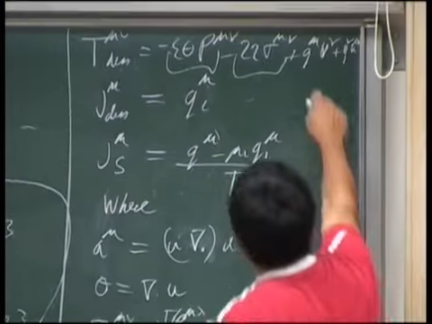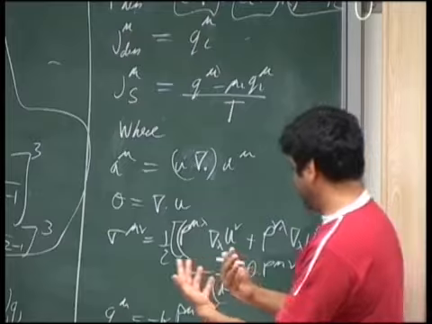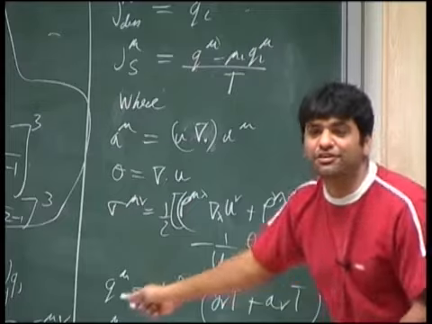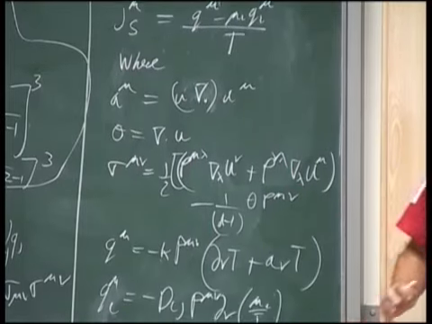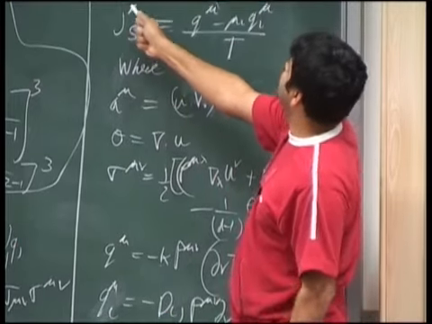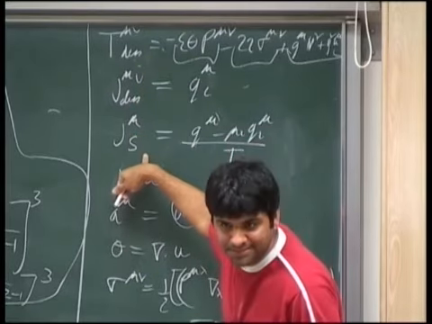And the third from heat flow, where Q mu is the diffusive flow of heat given by a relativistic generalization of Fick's law. Okay, so this is the correction to the stress tensor. Similarly, there are corrections to the charge currents and the entropy current.